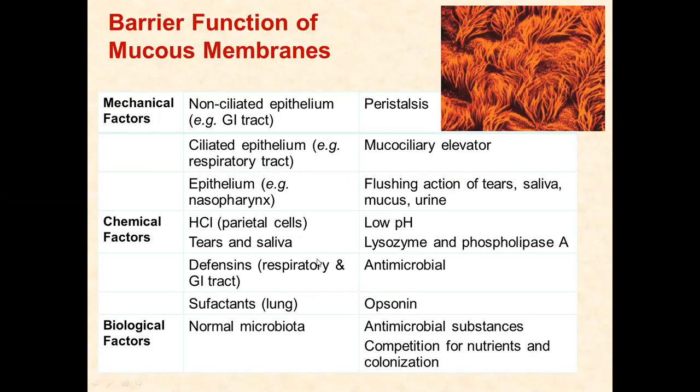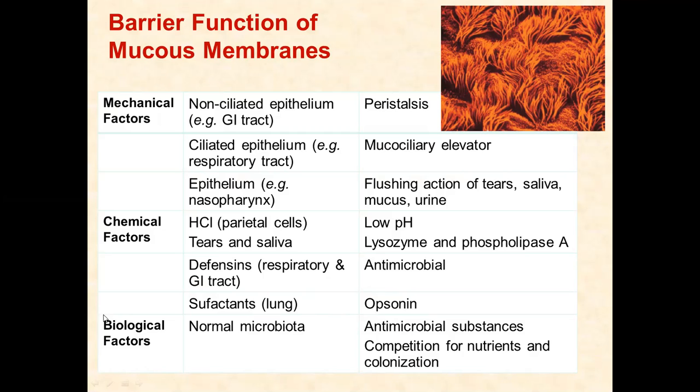In respiratory and gastrointestinal tract, special substances, defensins, possess the antimicrobial activity, and in lungs, the surfactants are present, they act as opsonins, so they make easy the phagocytosis process.